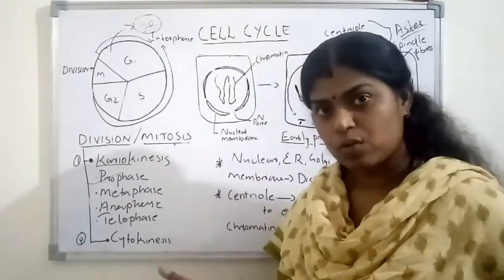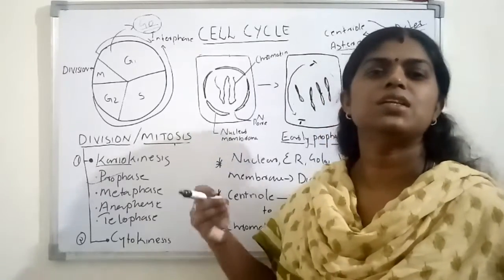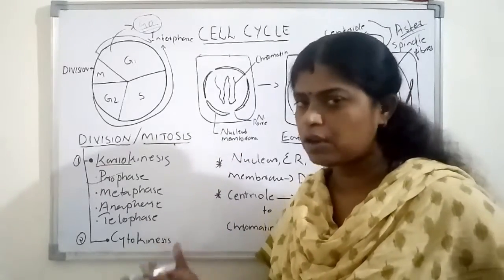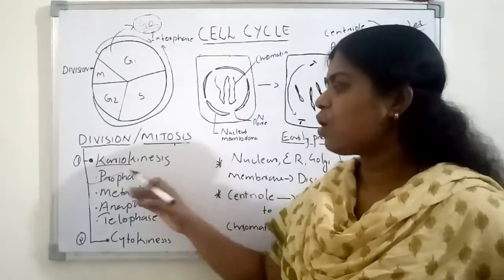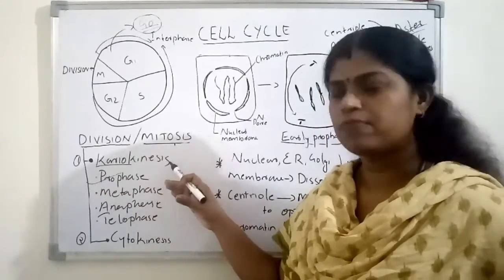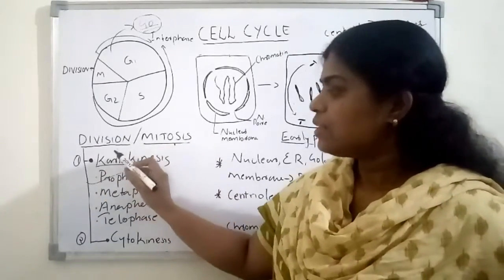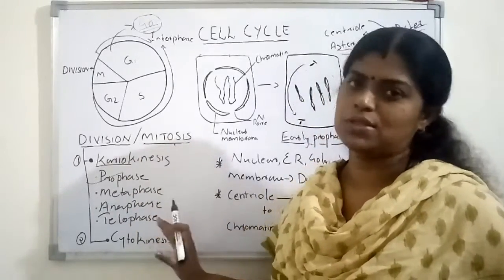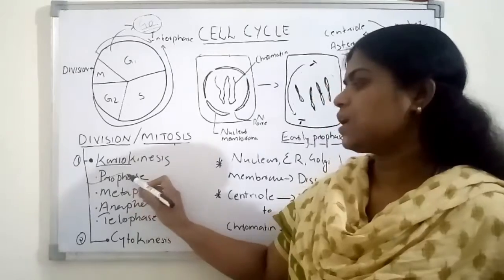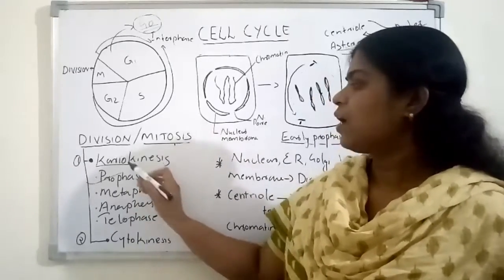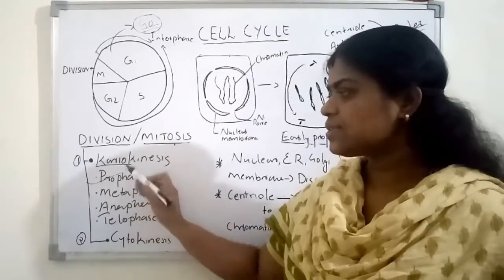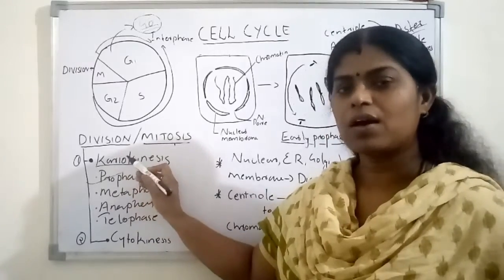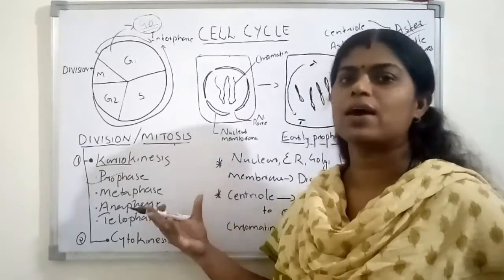What do you mean by karyokinesis? Karyokinesis means the division of the nucleus. Karyon means nucleus. Division of the nucleus takes place first. The division of the nucleus is not a single step process; it takes 4 steps. What are the steps in the nuclear division?